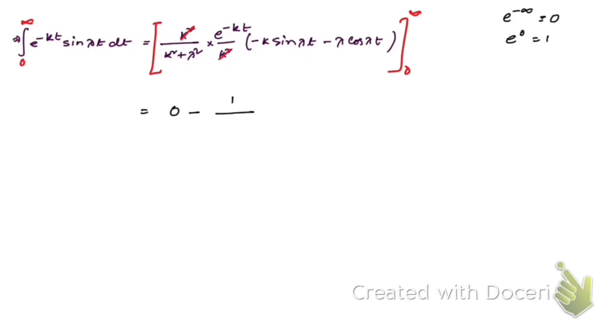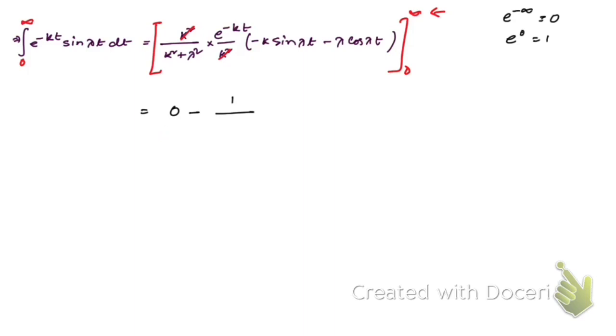Here if you put infinity, it's going to be e to the power minus k into infinity t, means e to the power minus infinity, so that's going to be equal to 0. For the upper limit, this whole thing is 0 because the whole thing is multiplied by this function. That's why we have got 0 here.